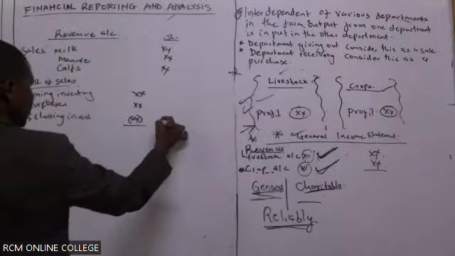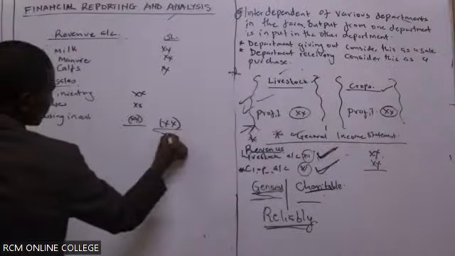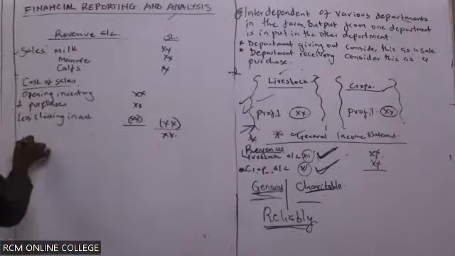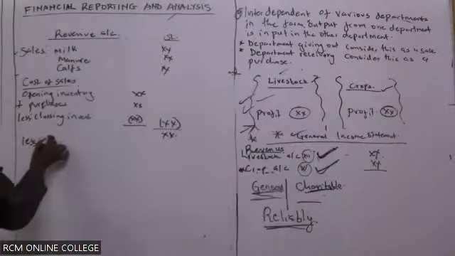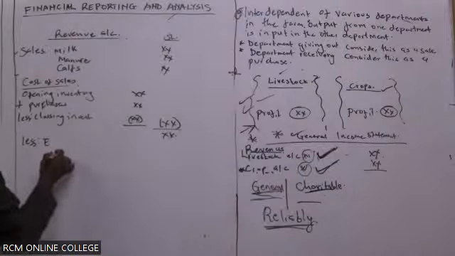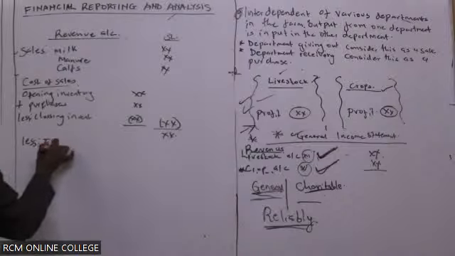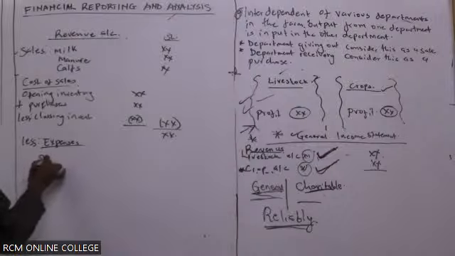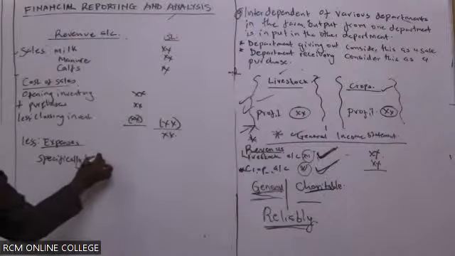Where we get there, we proceed by lessing our what? We less expenses, specifically for that department.